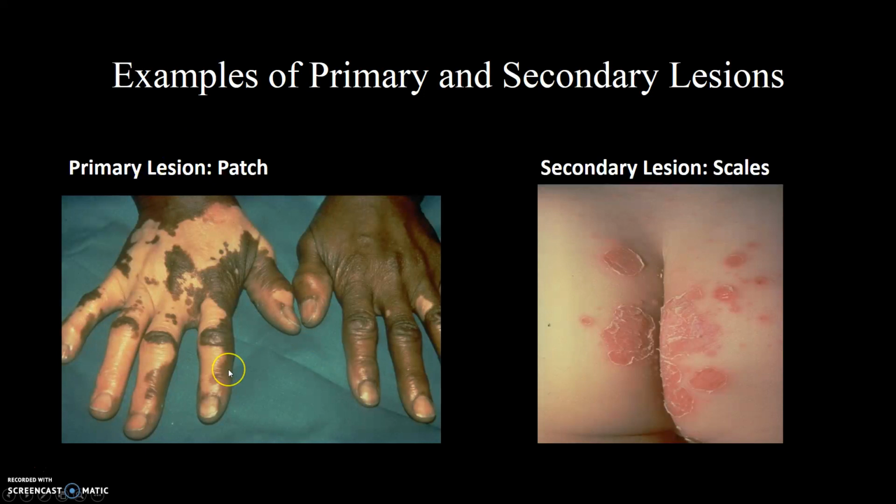You can imagine the profound effect that this would have on a person. The secondary lesion you're visualizing actually started from vesicles and bullae, because you know that a vesicle is a small blister and a bullae is a descriptor that's over a certain size, but they've now dried and there are scales that have formed over those vesicles and bullae.